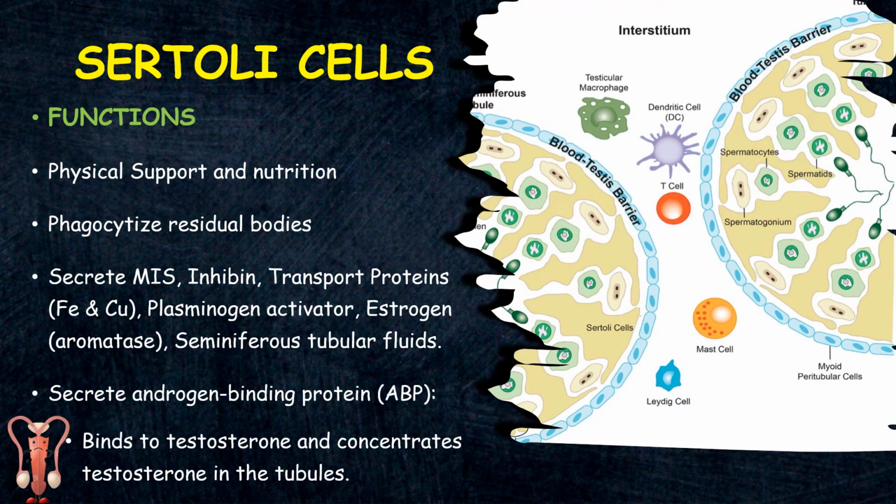They also secrete the androgen binding protein, which has high affinity for testosterone and also for dihydrotestosterone, and so maintains a high concentration of androgens in the lumen of the seminiferous tubules.